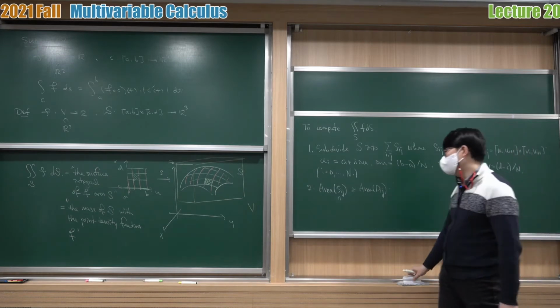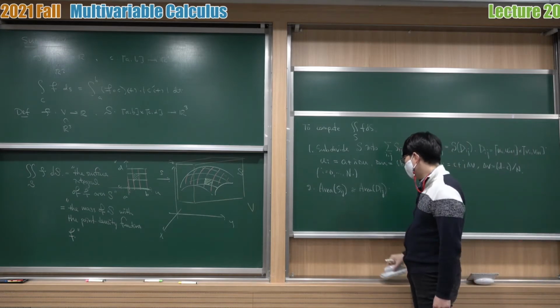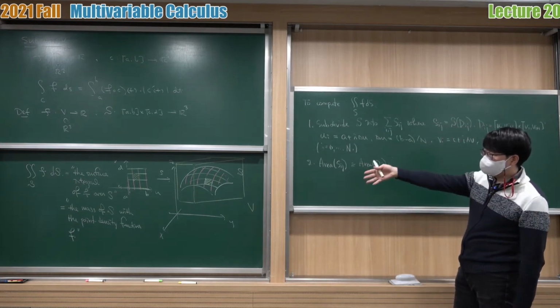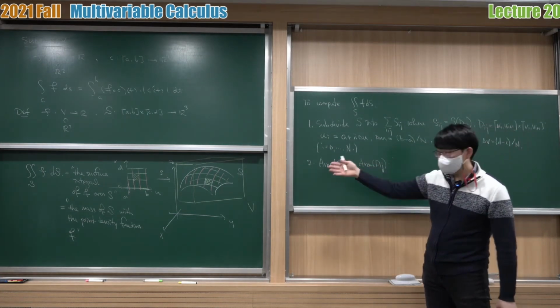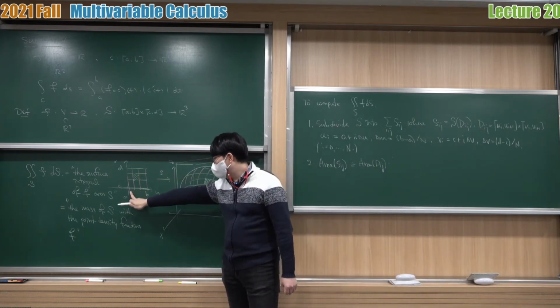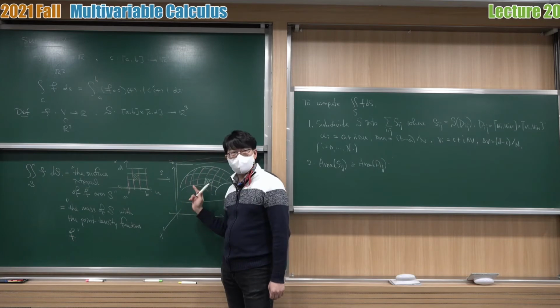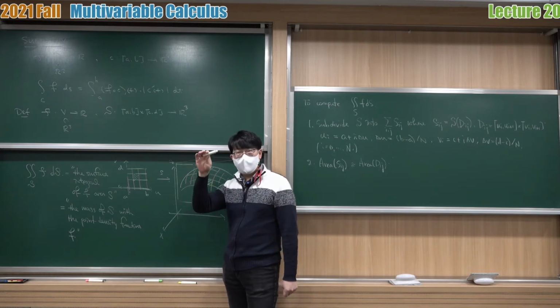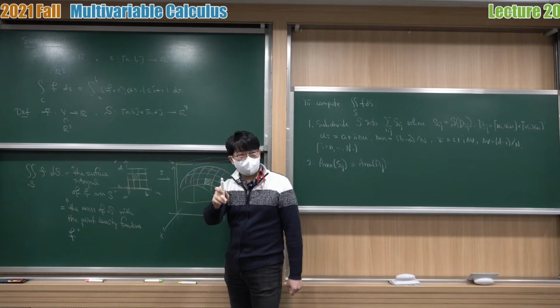Oh, maybe not. So sorry. We cannot apply the Jacobian directly because this S is not a function from R2 to R2. This is from R2 to R3. Whenever we try to use the Jacobian for a transformation, that transformation must be a one-to-one correspondence function from Rn to Rn.